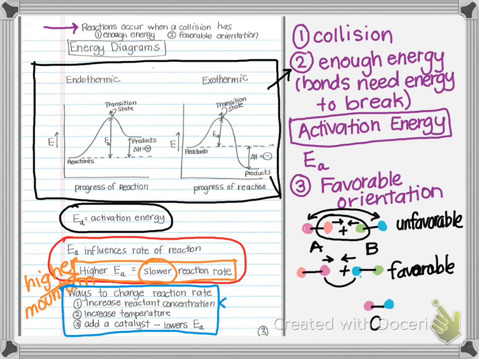We can increase the concentration, because increasing the concentration increases collisions. And increasing collisions will then increase the chance that those two things will get together and have a reaction. So you can try to increase the reactant concentration and see if that will make the reaction go faster. Another thing we can do is increase temperature.